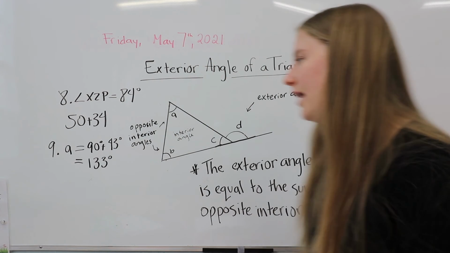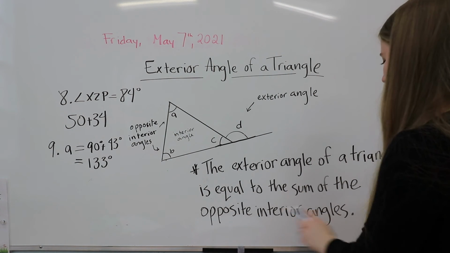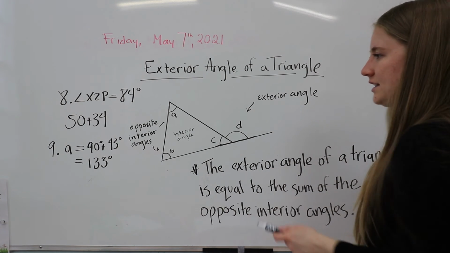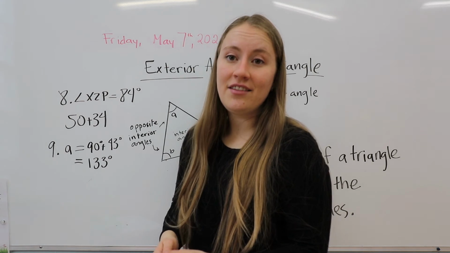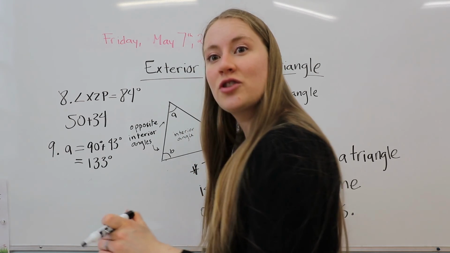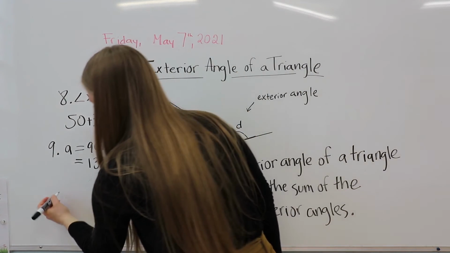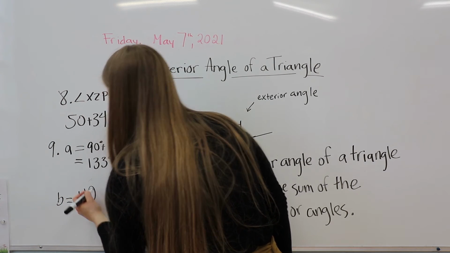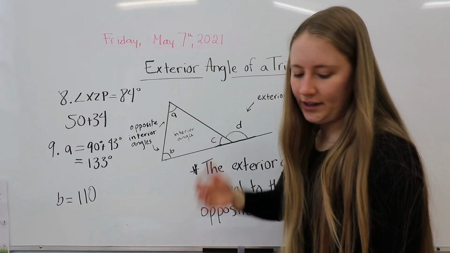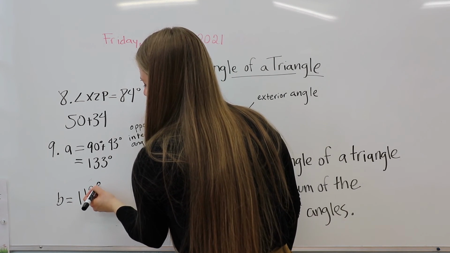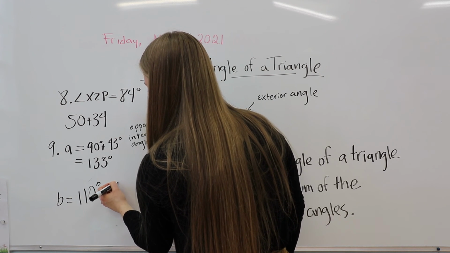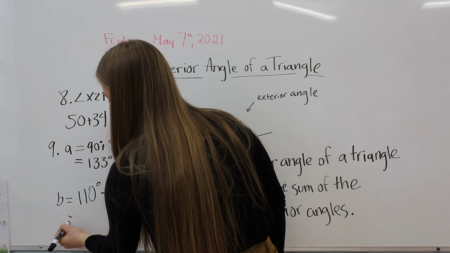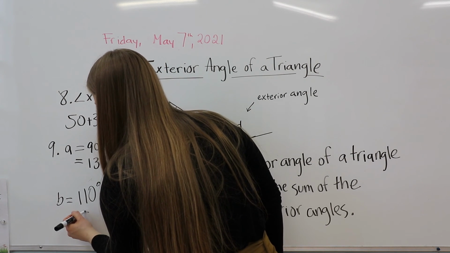So we know that the sum of the interior angles is equal to the exterior angle. So that means that when we have the exterior angle, we need to subtract, okay? So B equals the exterior angle, which is 110 degrees. And we have to subtract the one interior angle that we know. Okay? Which means it's 60 degrees.